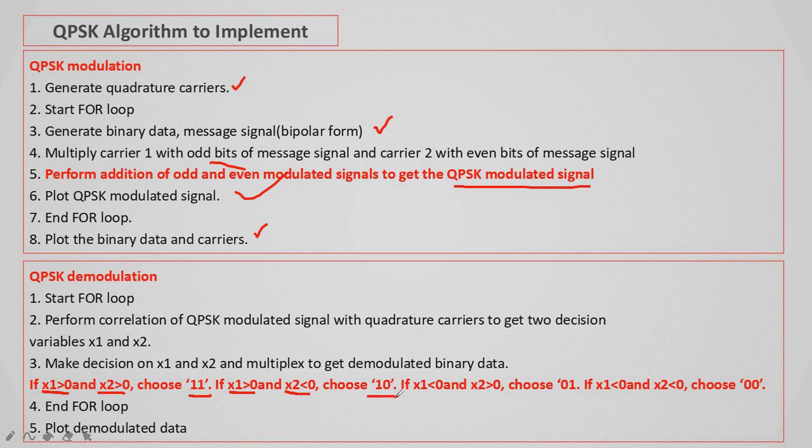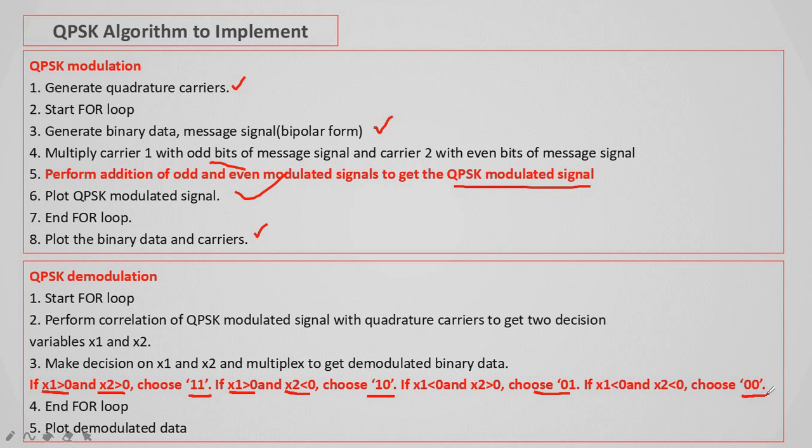One more combination: if x1 is less than 0 and x2 is greater than 0, then it is 0 1. And the last combination: if x1 is less than 0 and x2 is less than 0, then my choice will be 0 0. With the help of this, we can reconstruct our original modulating signal. Then you have to end the for loop and plot the demodulated data.